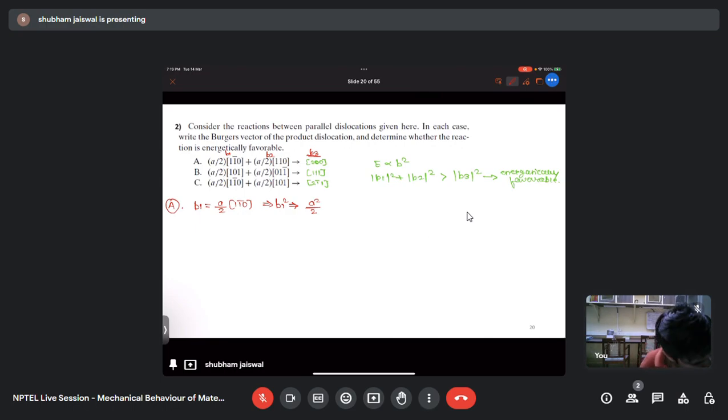And b2 is a by 2, 1, 1, 0, and b2 square is a square by 2. So b1 square plus b2 square comes out to be a square.